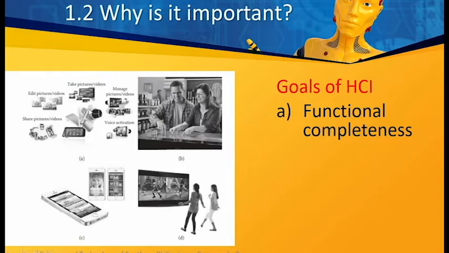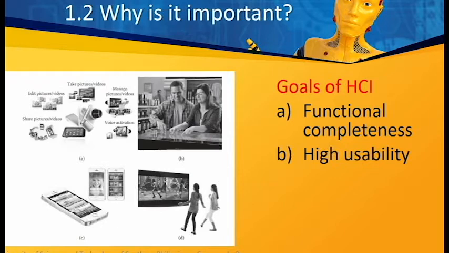The product is the camera, and to have functional completeness, of course, all the functions should be operational. So meaning it can share, it can edit pictures or videos. So it should have full functional operation.